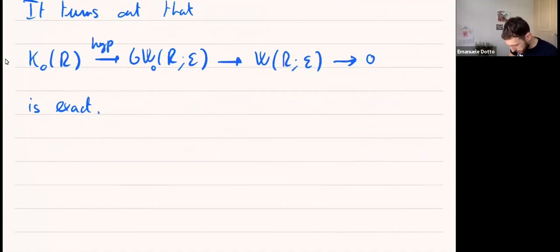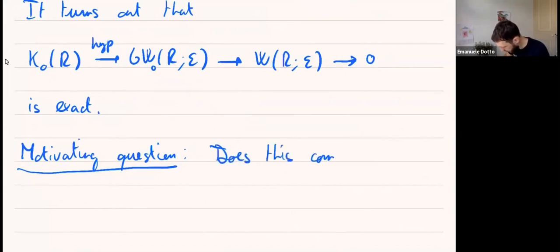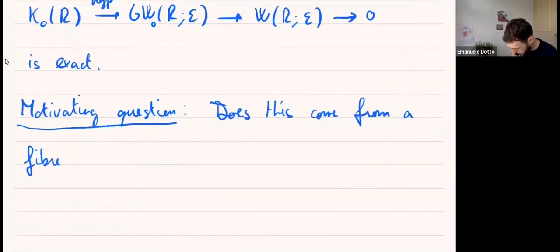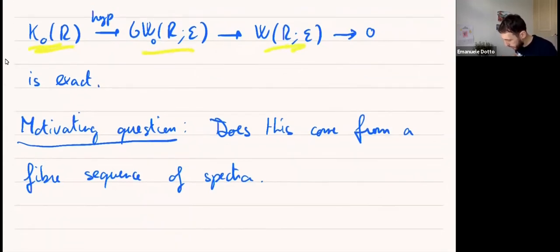So a motivated question is this: does this come from a fiber sequence of spectra? So let me spend a bit of time talking about how to lift those two spectra.